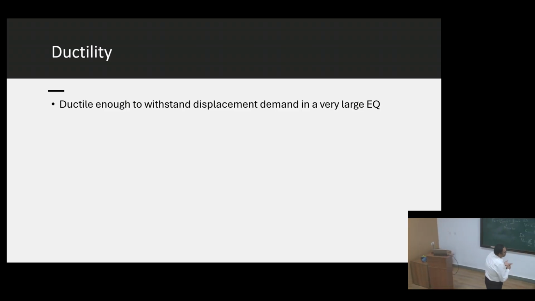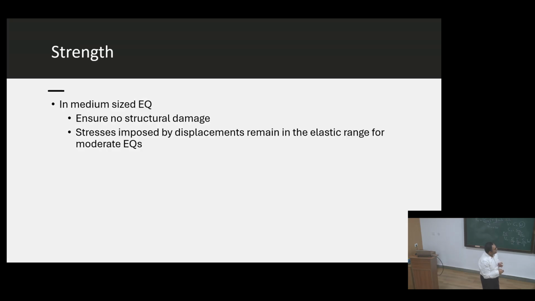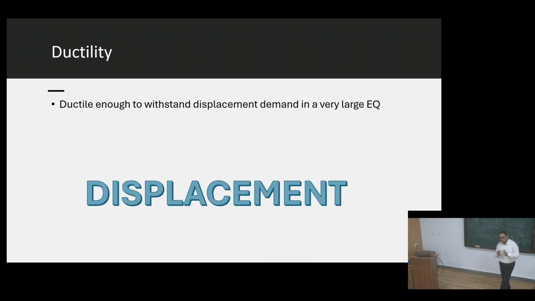If you think through the words, there's displacement in the stiffness requirement, displacement in the strength requirement, and displacement in the ductility requirement. Yet we are designing for forces. So another parameter that we could use in design is displacement.